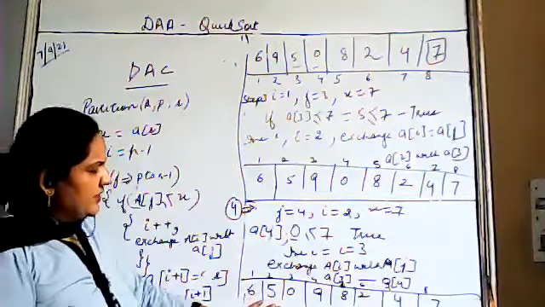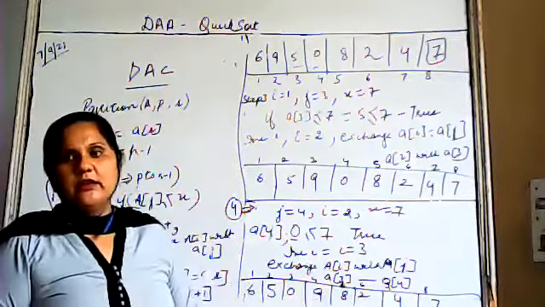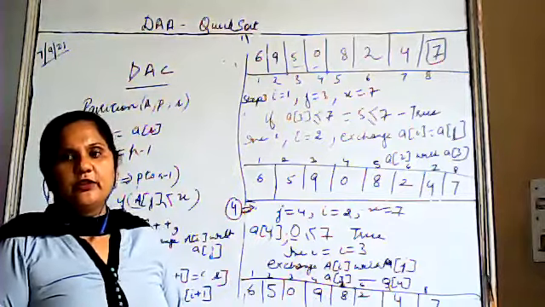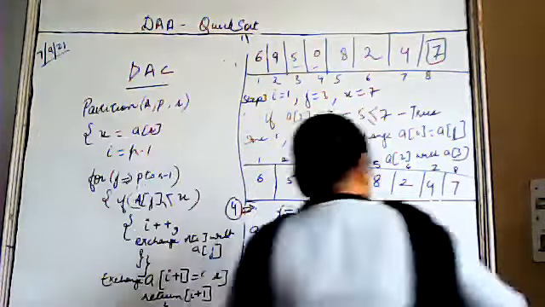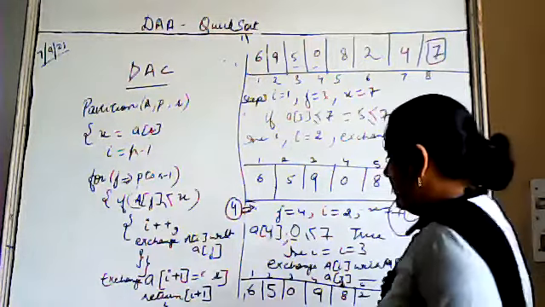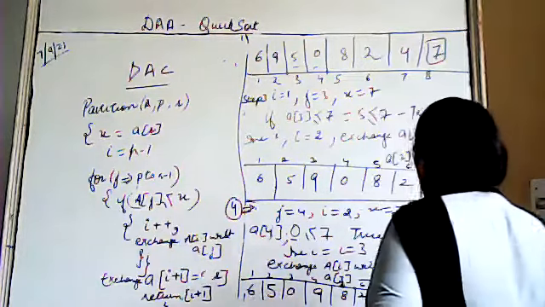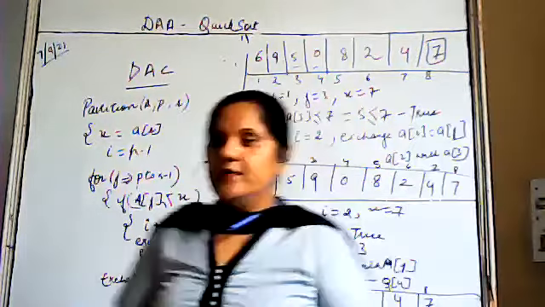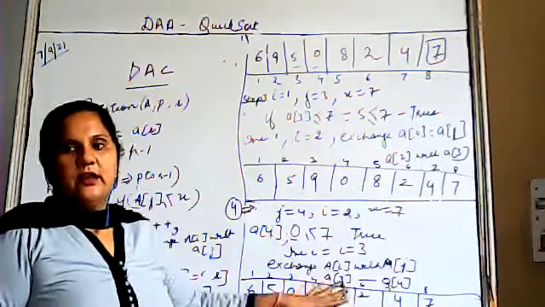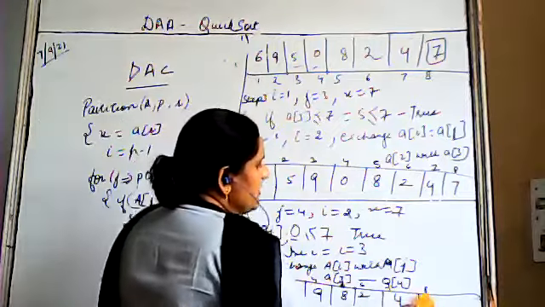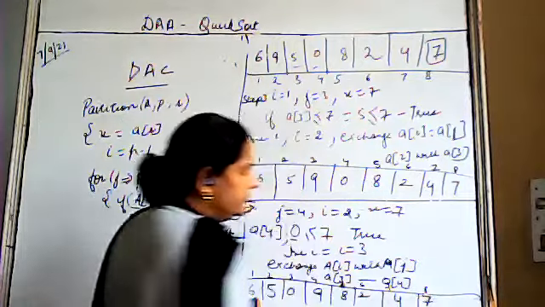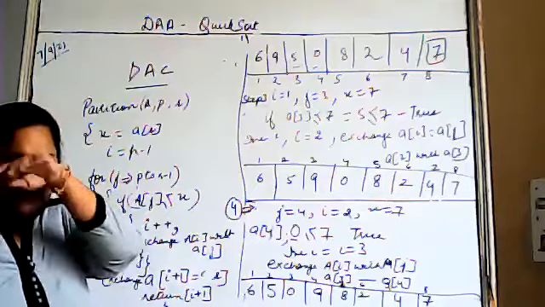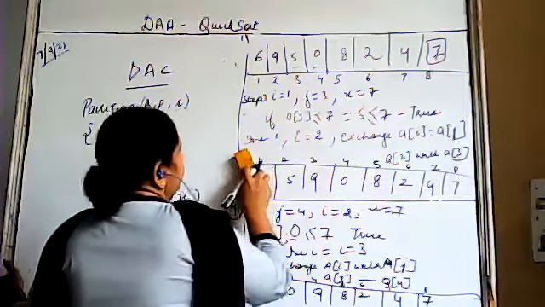So this will be the output for step number 4. Okay, so you will get this 8, 2, 4, 7. I'll write upwards. This is how it is doing. Now next, step number 5.